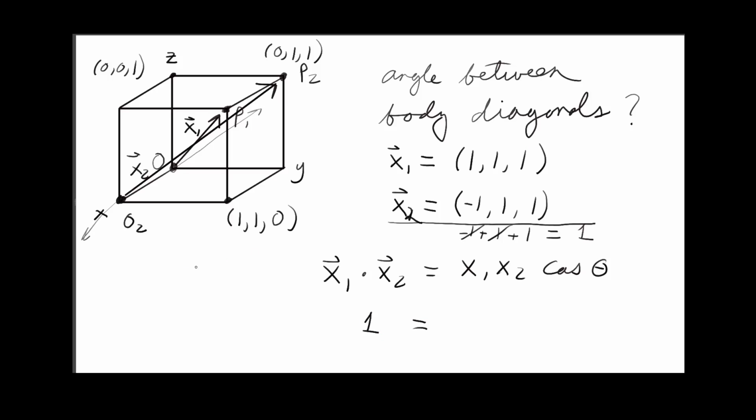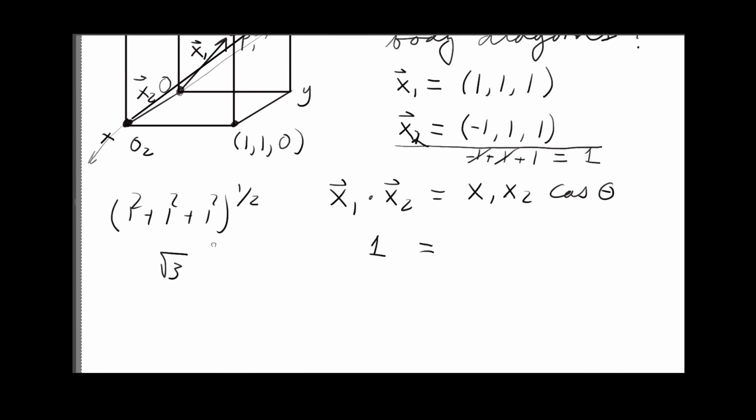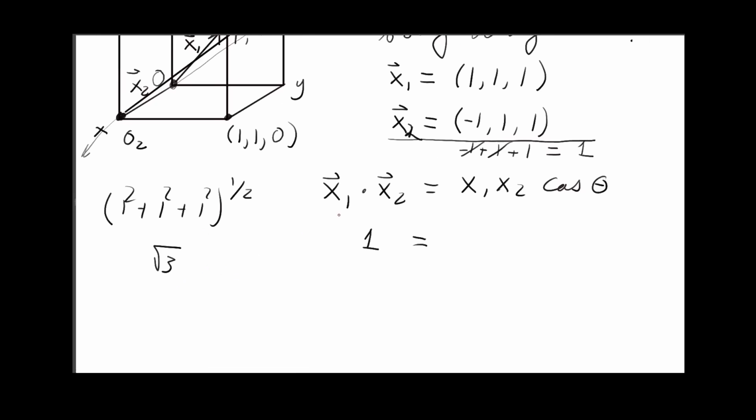Now we need the magnitudes of these vectors. Again, in shorthand, it's going to be the x component squared plus the y component squared plus the z component squared for x1, and we're going to take the square root. Turns out that's the square root of 3. And this should be the same magnitude for x2. It shouldn't matter that one of the components is negative.